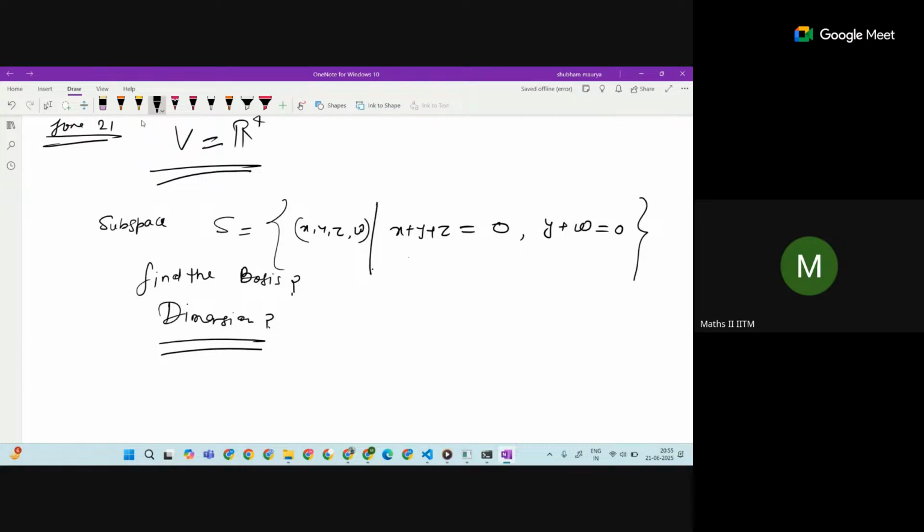So the question is how we will find the basis of this subspace. There will be a basis, because for a subspace there are infinitely many bases.